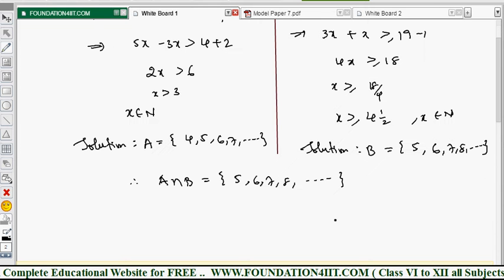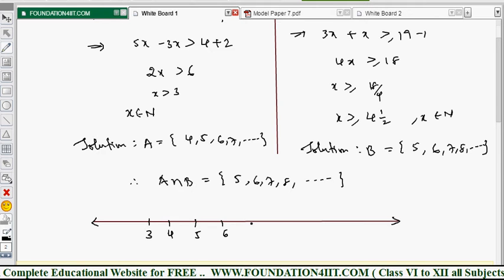This you can write on the number line. That is simple. Just draw the number line and represent on this. So in this number line, let us represent these numbers. We will take 3, 4, 5, 6, 7, 8, 9, and so on.